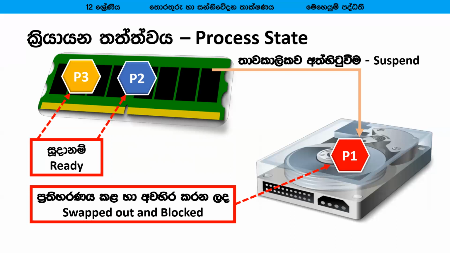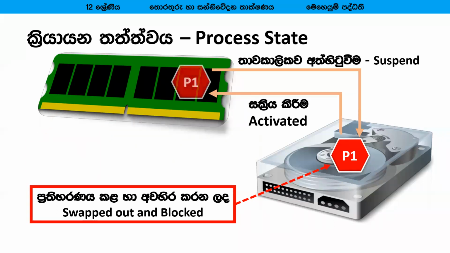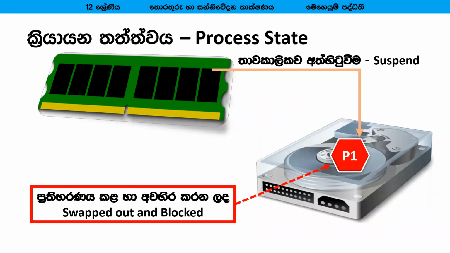Now, is it only the blocked processes that help create the crowdedness inside the RAM? Right? Is it only the blocked ones that crowd the RAM? No, right? We can also settle some waiting ones. So a waiting one can also be swapped to the hard disk.